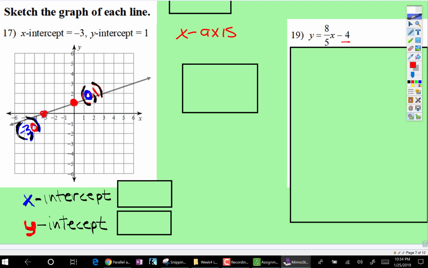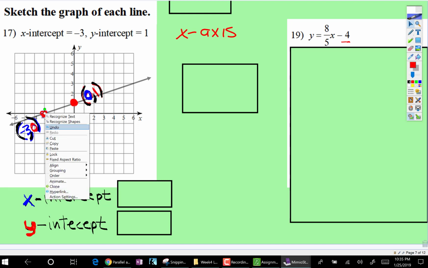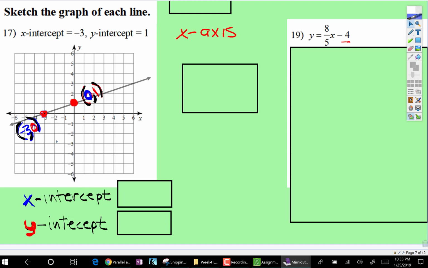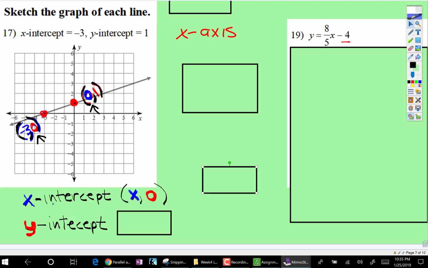What do you notice about the intercepts? When we find the x-intercept, the y value is 0. And when we find the y-intercept, the x value is 0. To find the x-intercept, set the y equal to 0, and it will give you the x. To find the y-intercept, set the x value equal to 0, and that will tell you the y.